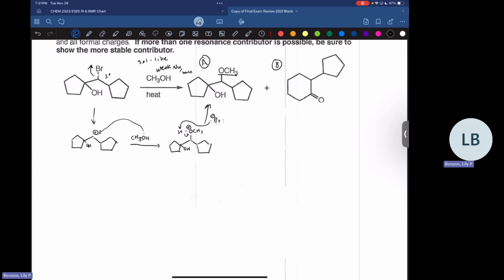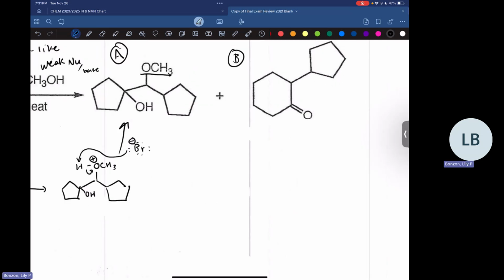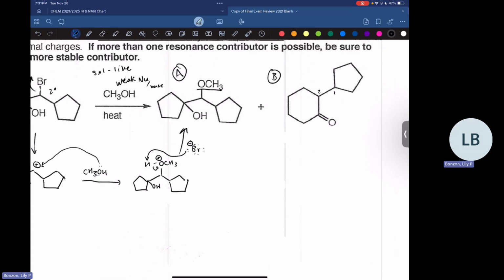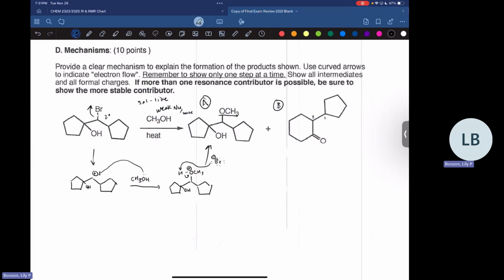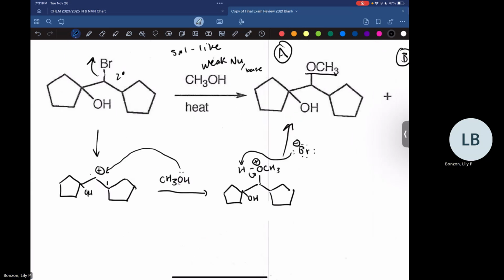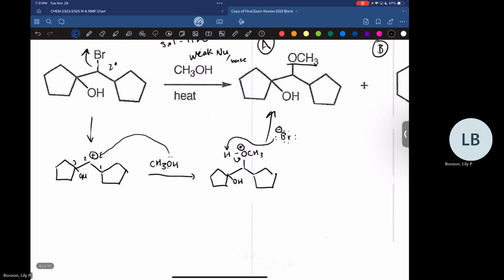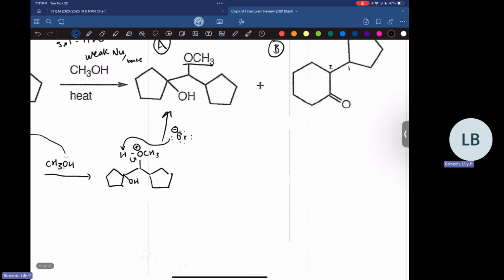For product B, we have to do a ring expansion. So I'm going to start from here. I'm just going to number arbitrarily to keep track of my ring, to make sure I form everything in the right spot. So in my work, carbon 3 ends up being the carbon with the oxygen.